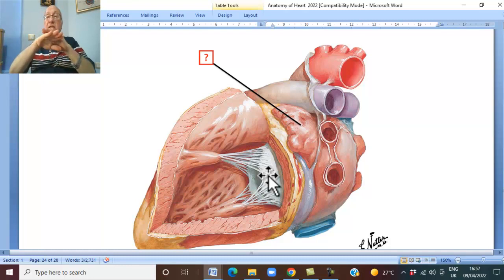Therefore, the anterior cusp is smooth on both sides, atrial and ventricular, while the posterior cusp is smooth only on the atrial surface, but the ventricular surface is rough because it gives the attachment to chordae tendineae. This is the first opening and valve, the mitral valve and mitral orifice.